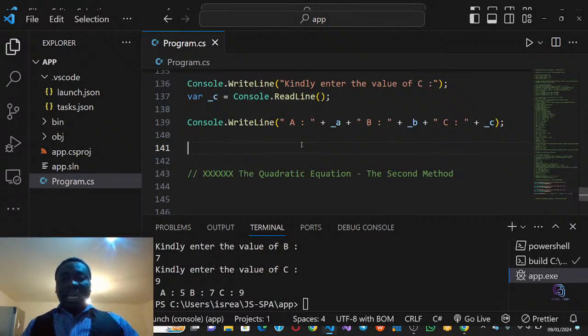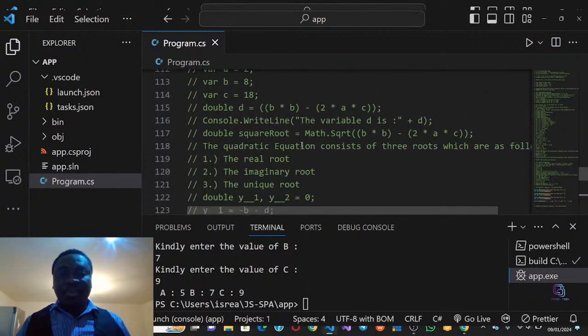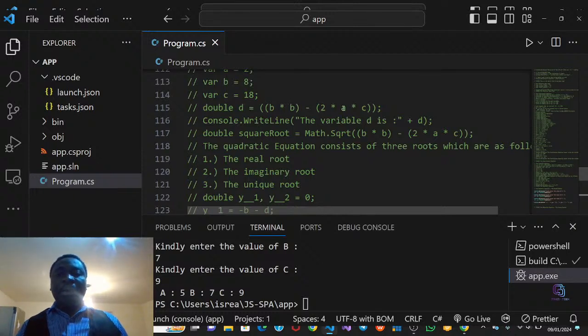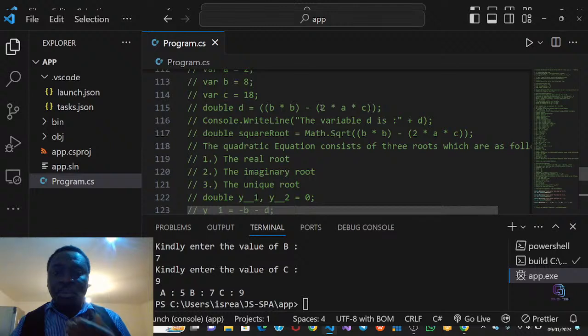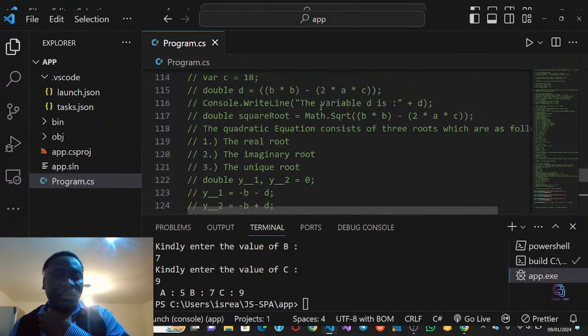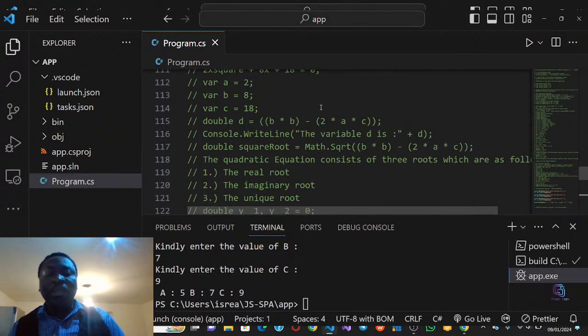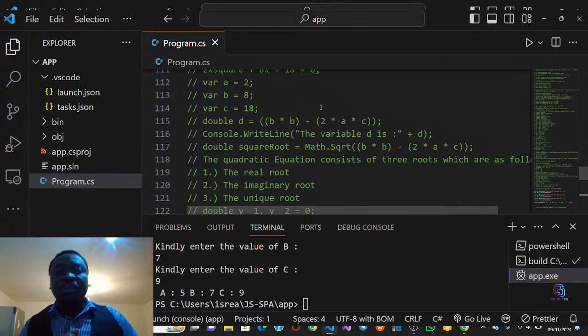Since that is being done, now what's the next thing? Now we want to calculate D. Just look at the example of yesterday. We want to calculate double D, that's B square minus 4AC. Before we calculate the other one, divide it by 2A. The formula is minus B plus or minus square root of B square minus 4AC over 2A. It's supposed to be 4AC yesterday.